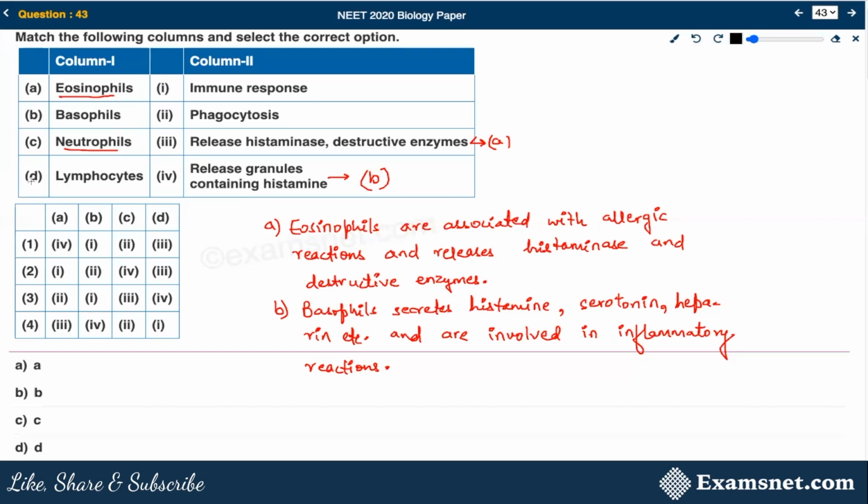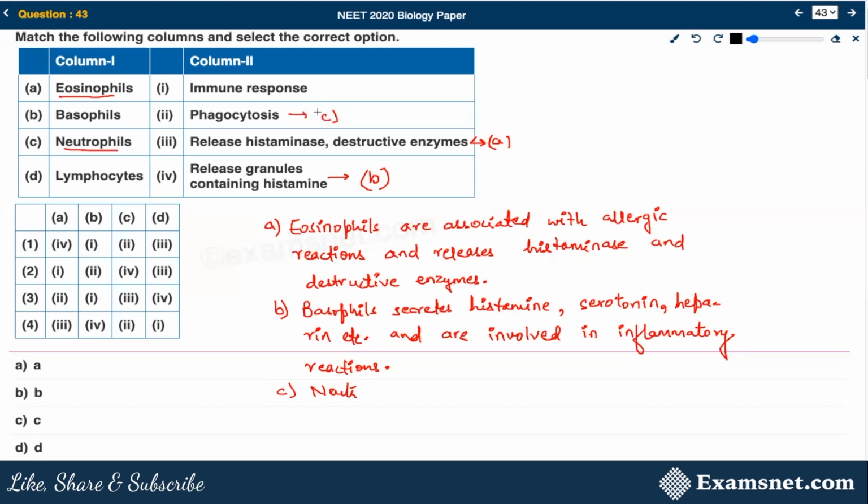So we can say that these are phagocytic cells. So neutrophil is going to match up with phagocytosis. That means C over here.